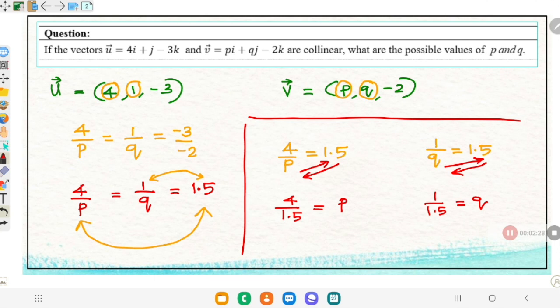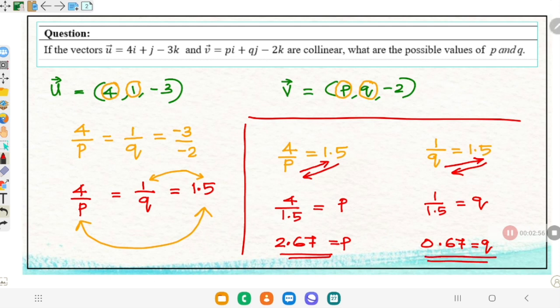When we use a calculator, 4 divided by 1.5 is approximately 2.67, that is the p value. And in the same way 1 divided by 1.5 is approximately 0.67, so q equals 0.67, correct? So this way we also get the same answer for p and q.